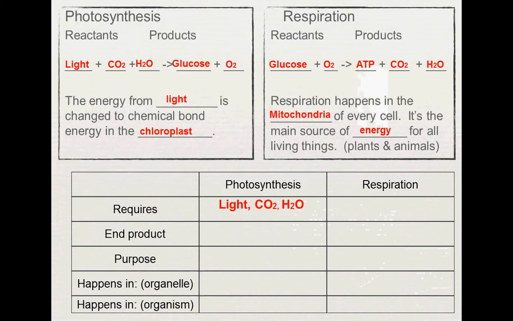Ellie, what's needed by respiration? C6H12O6. It needs glucose, and oxygen is the other thing. Oxygen. All right, what are the end products of photosynthesis, Gage? C6H12O6 and O2. Yes, the end products of photosynthesis are glucose and oxygen.